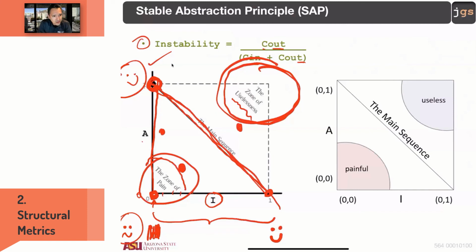And what you're going to have is the possibility of positioning each of your packages or your classes in one point in this two-dimensional space. And that is going to give you an idea where your project is. Painful, good, useless, code that no one is using.